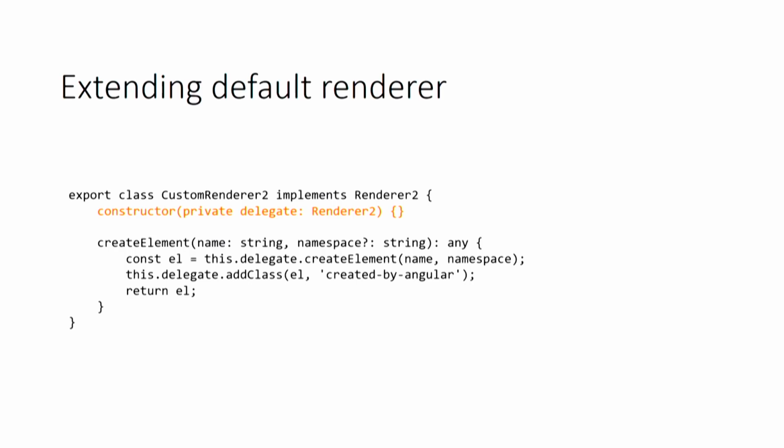We don't want to know how we should work with the DOM, because we want to make our custom renderer platform independent. So you can see here that I'm injecting the default renderer into the constructor when creating an instance of a custom renderer. And then I simply use it and delegate all DOM manipulations to it. So we create an element and add a class.